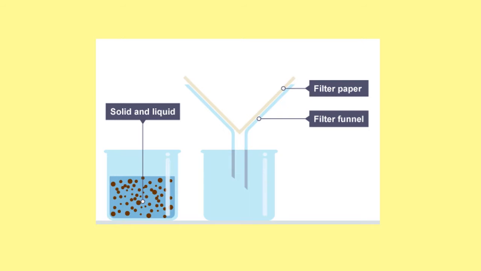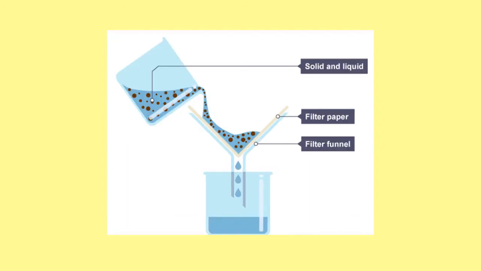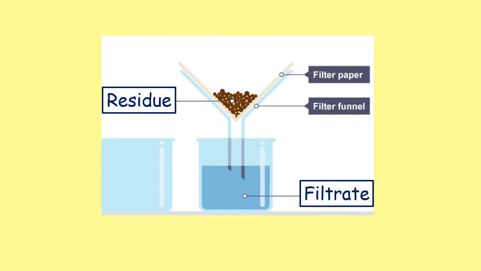If we pour that mixture of solid and liquid into that filter paper, what happens is that the liquid is able to pass through the filter paper and down the filter funnel, whereas the solid cannot get through the filter paper and gets left behind. The solid that gets left behind, as I said before, gets called the residue, and the liquid that passes through gets called the filtrate. So filtration is how we separate an insoluble solid from a solution or from a liquid.